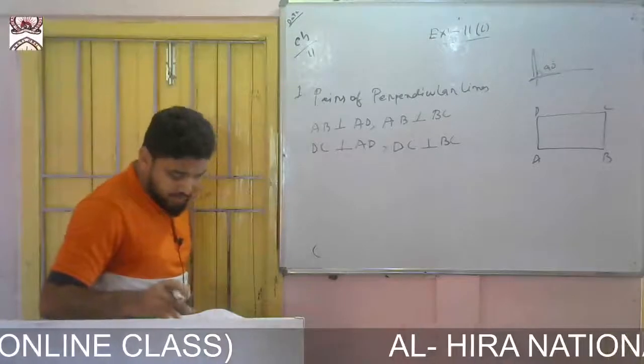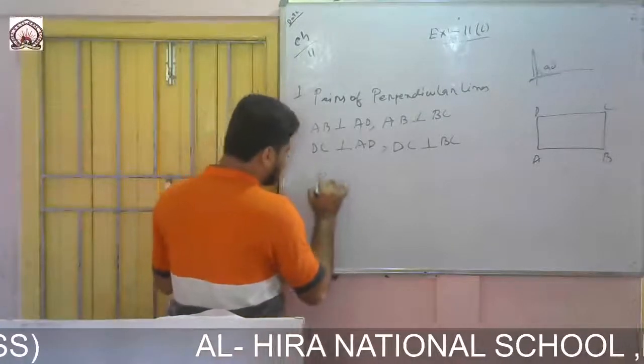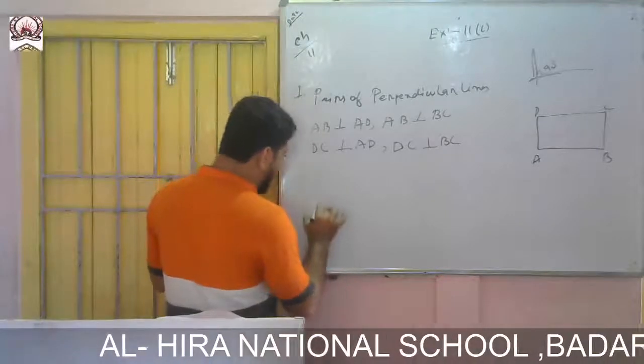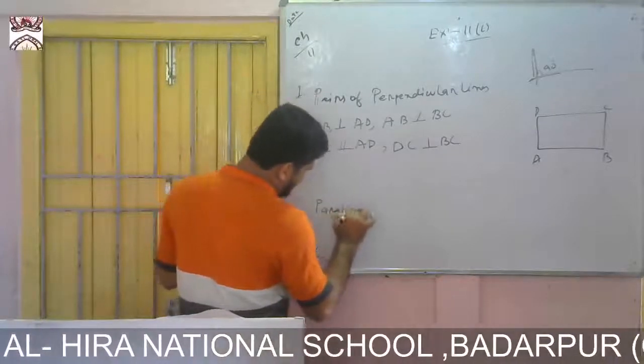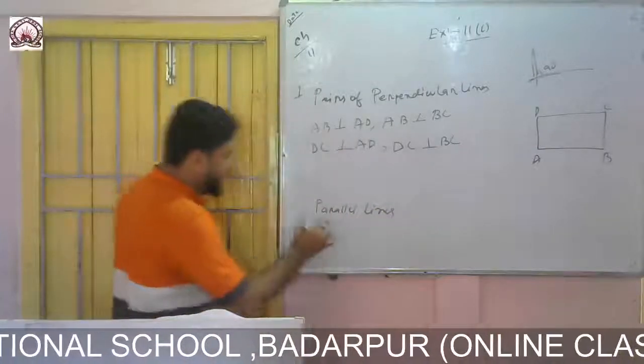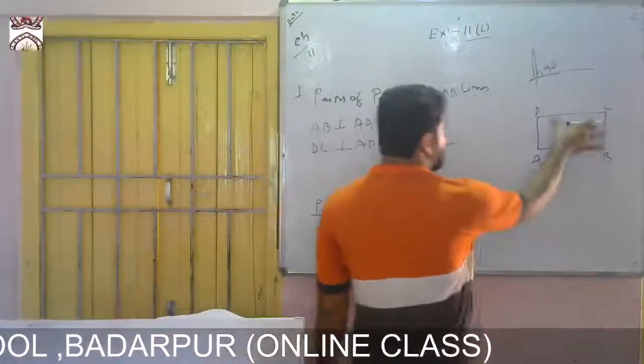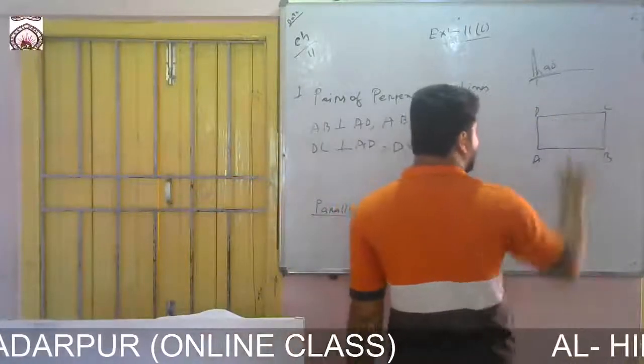Now come to parallel lines. So how many parallel lines are there? This AB is parallel to CD. This one is parallel to this one.